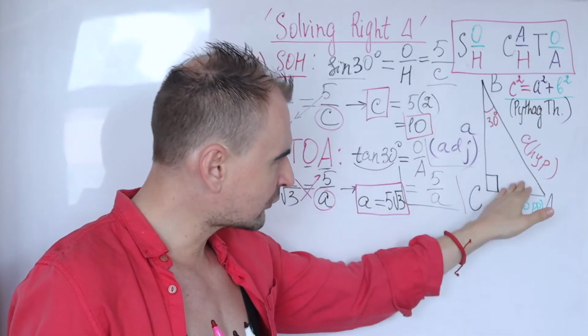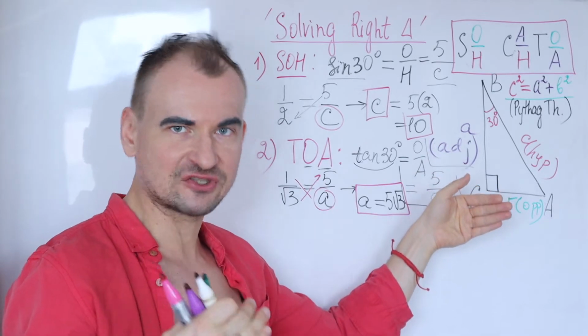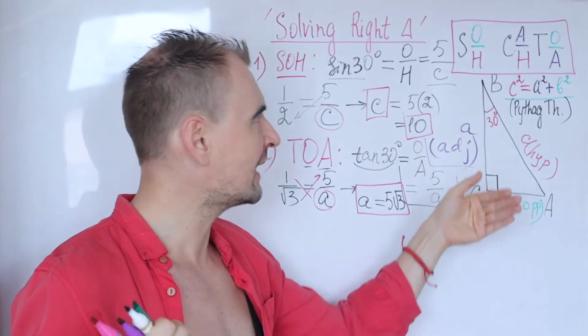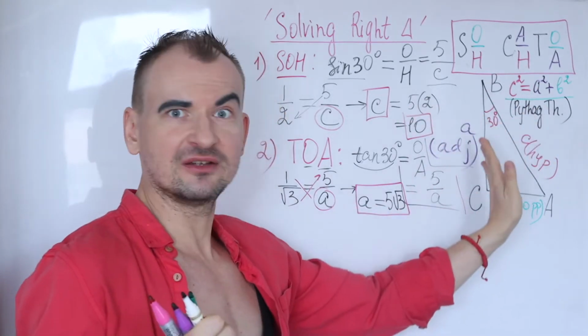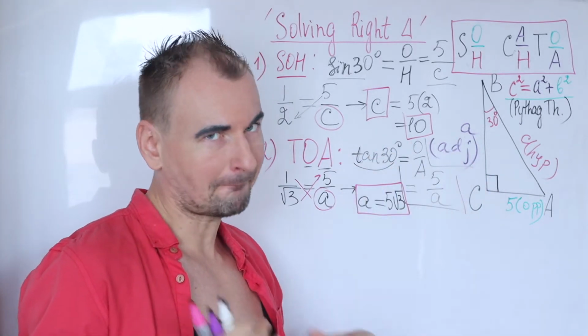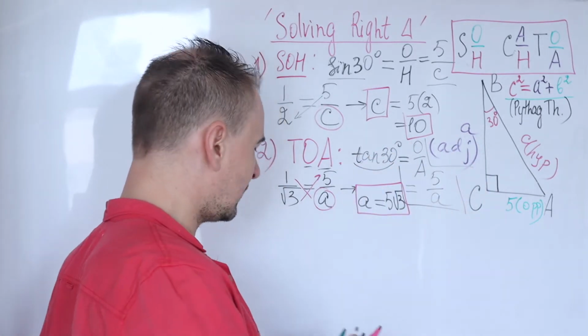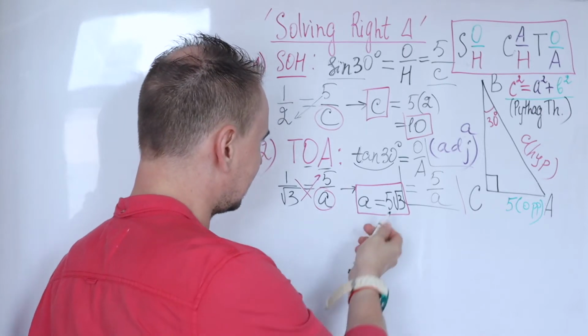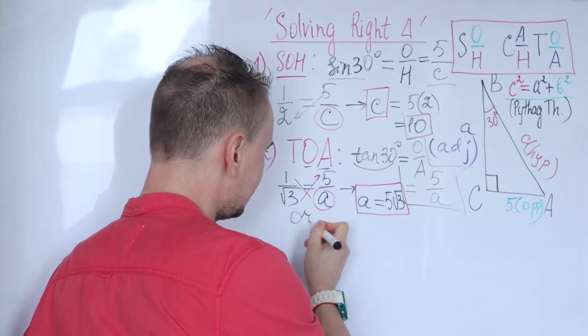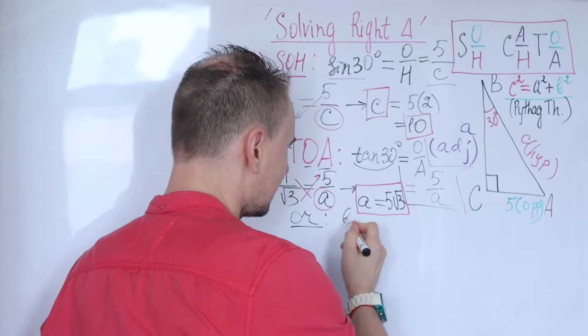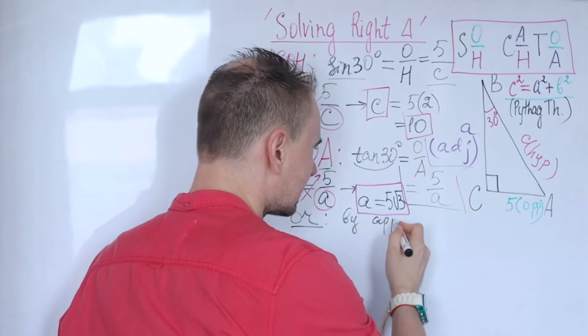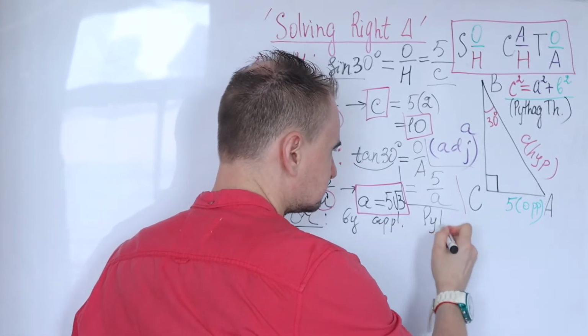If you are given hypotenuse and one of the legs, you could find another leg by just rearranging this Pythagorean theorem. Let's do it. So, we could find side A by applying Pythag theorem.